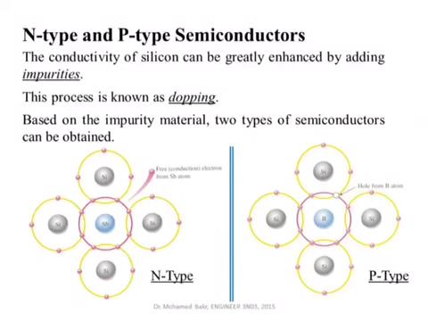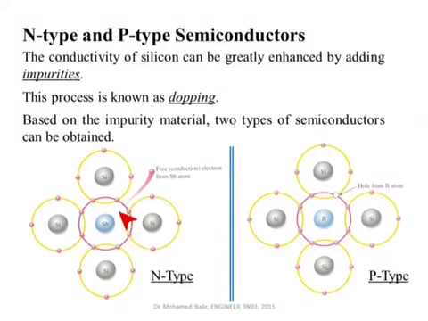And we introduce them with a certain concentration. Maybe they are introduced as gases, hot gases, or as ions, or whatever the case may be, but we introduce them into the material. And the antimony here has 5 electrons in the outermost shell. So it creates a covalent bond with 4 neighboring silicon atoms.